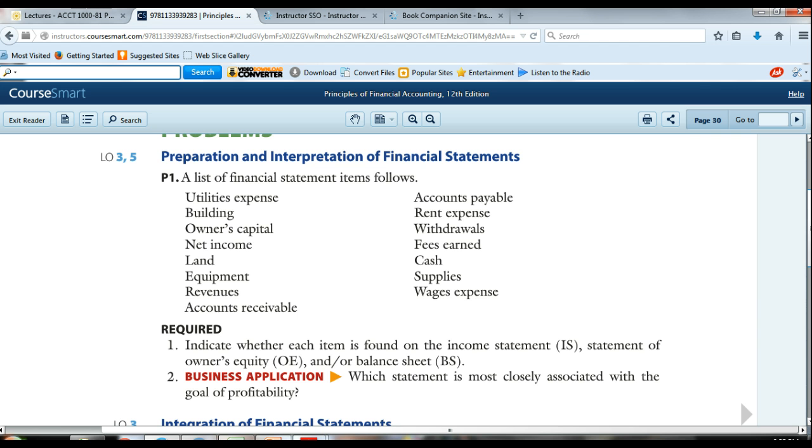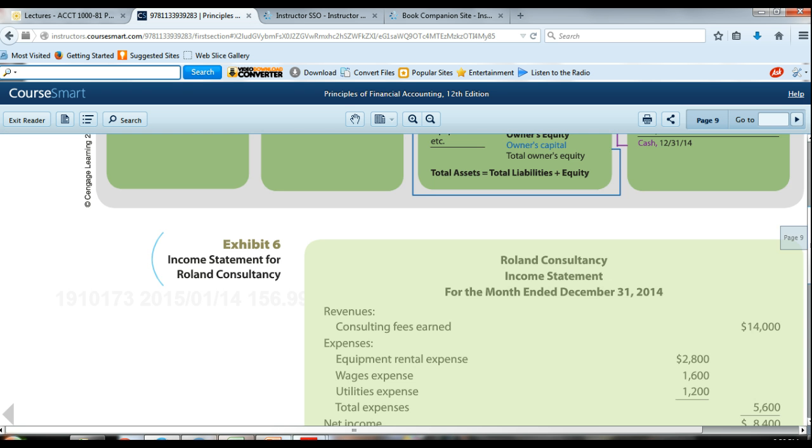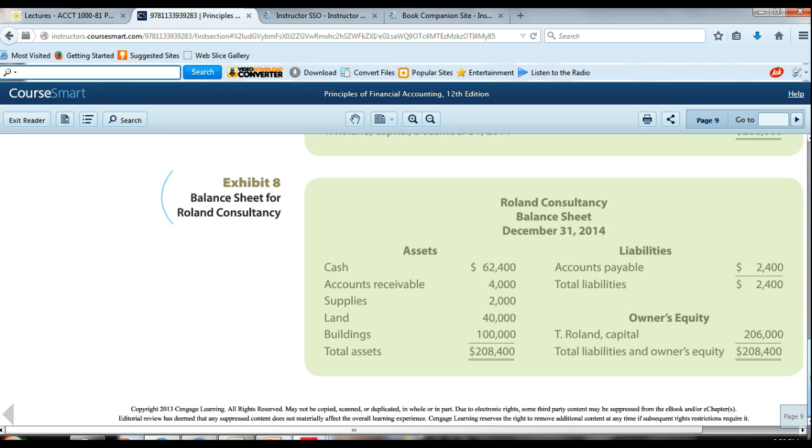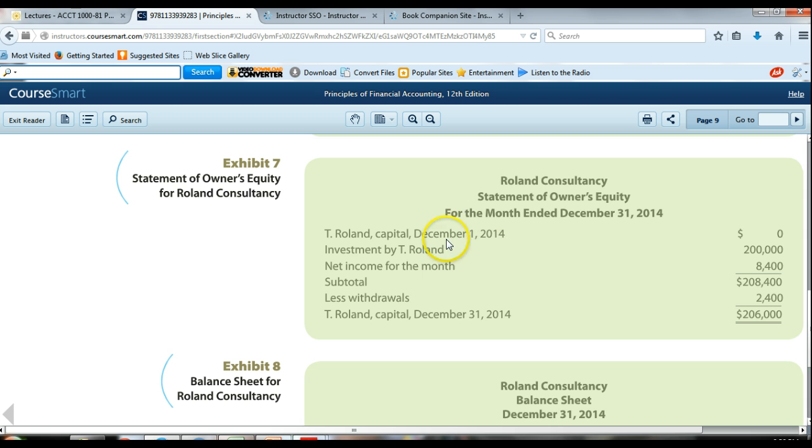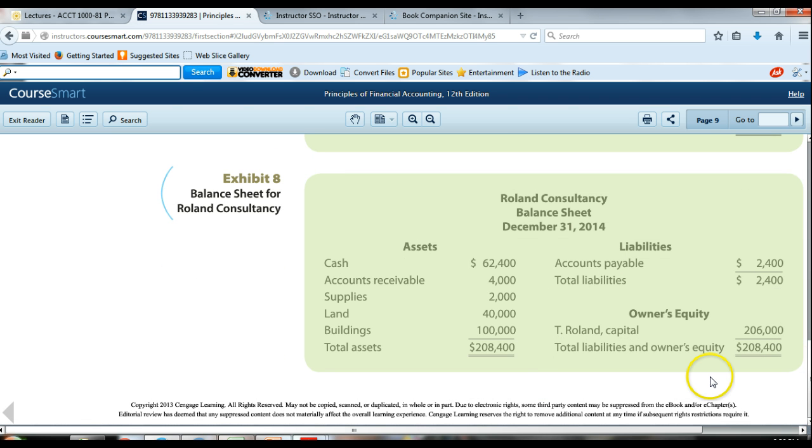But really, where do we actually show that figure? On the balance sheet, don't we? Do you see that? Guys, I'm going to go to this page real quick so you can see what I'm talking about. Do you see here? Do you see how while the owner's equity shows a beginning capital and an ending capital, we ultimately use that for our balance sheet, don't we? Do you see that?